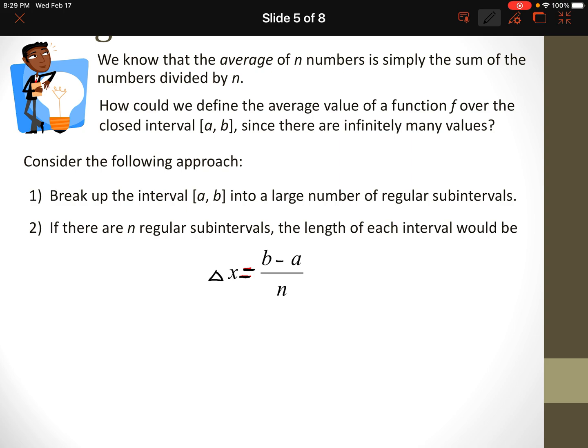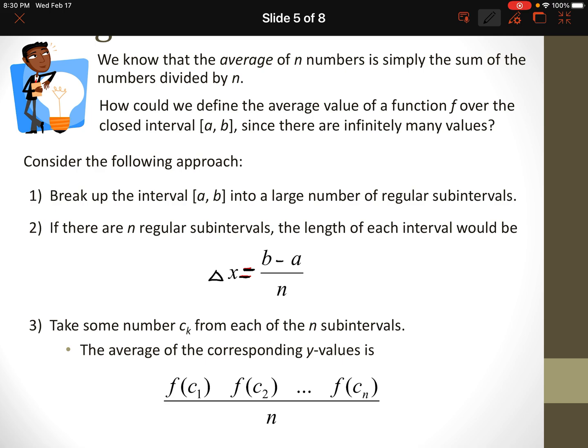So we're making the same intervals we did with the Riemann sum, just we haven't really said it's a rectangle per se. And then we take some number in that interval to represent the function in that section, to say, okay, we're going to use some representative value.